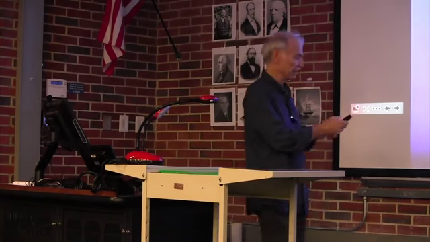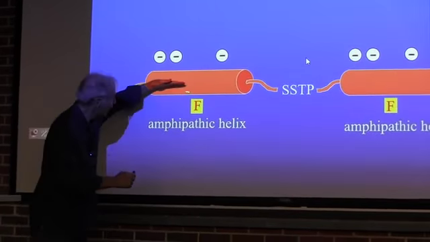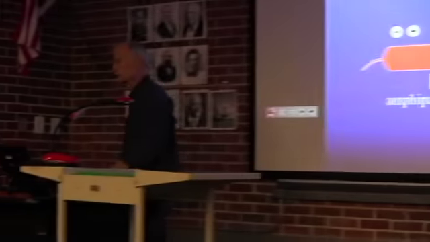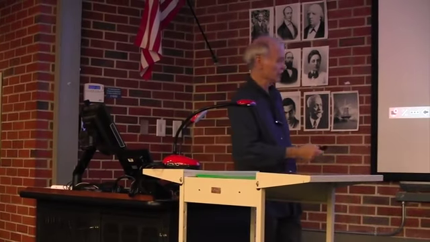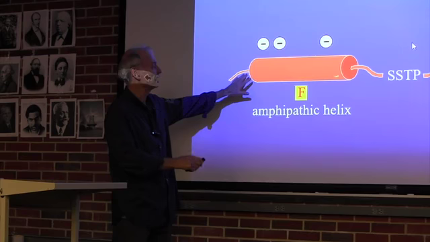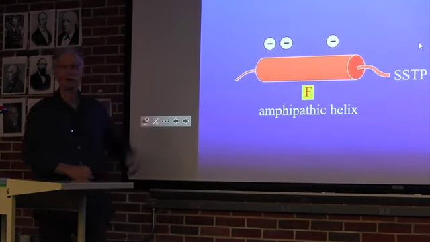These helices have a very distinct distribution of charge and hydrophobicity. One side of the helix is charged, and the other half, the bottom half in this case, is full of bulky hydrophobic residues and is hydrophobic. And so that kind of distribution of charge and hydrophobicity on a helix is called amphipathic.